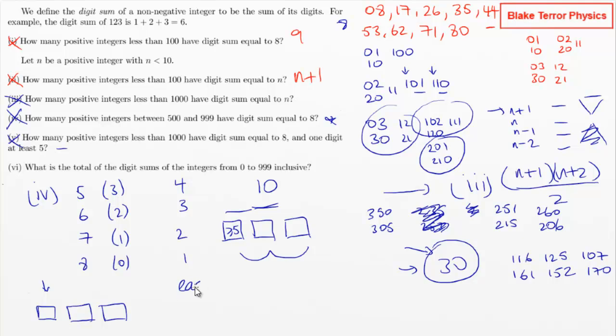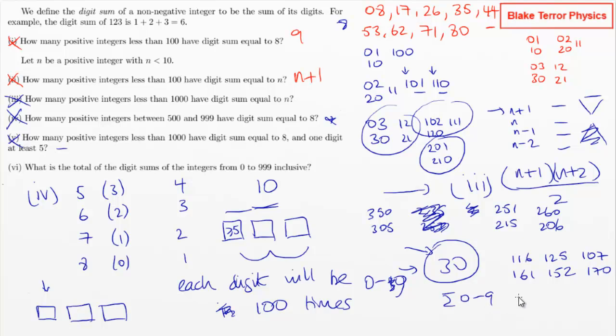So each digit will be 0 to 10, 0 to 9, can't be 10, can it? 0 to 9, 100 times. So 0 to 9 added up, the sum of 0 to 9 is 45. And we're doing that 100 times for each digit.